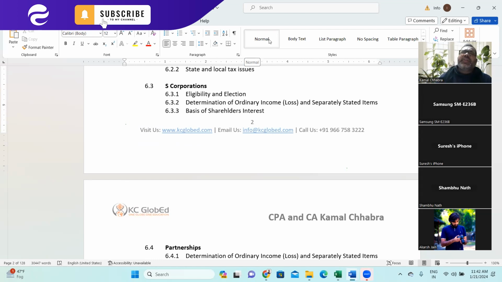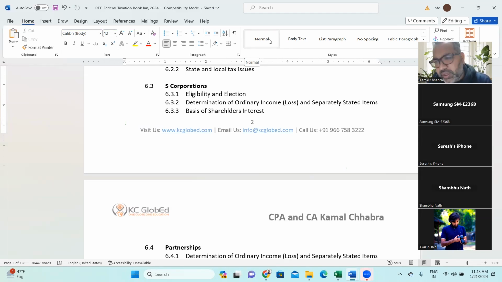An S corporation can elect to be treated as a pass-through entity, or it can elect to be treated as a C corporation. Then we determine the ordinary income and separately stated income based on shareholder interest, which goes through as a pass-through interest to the respective shareholder and is taxed in the hands of the respective shareholder.